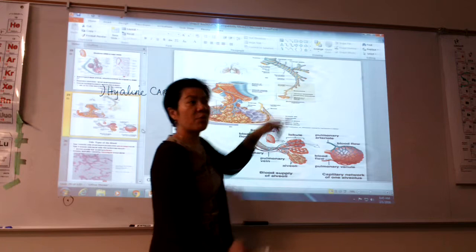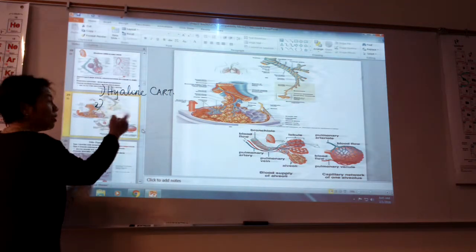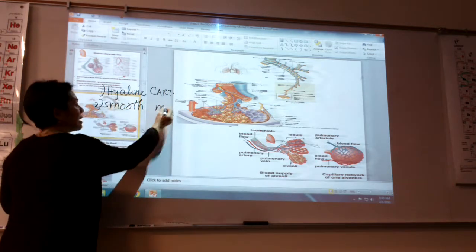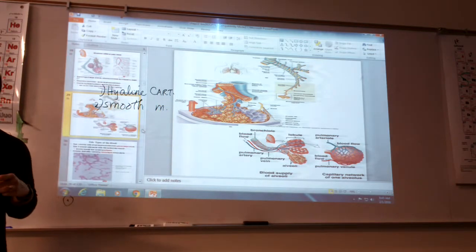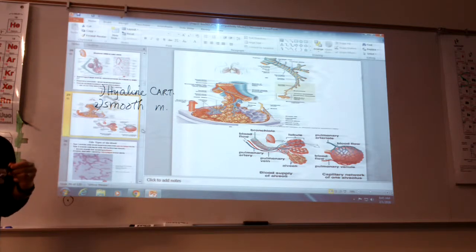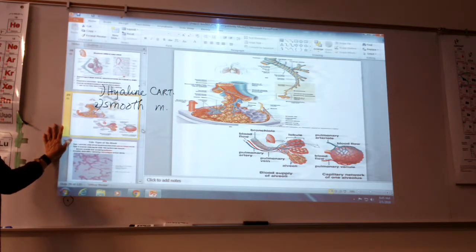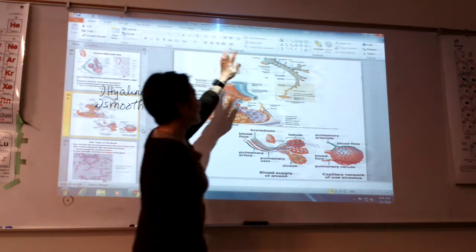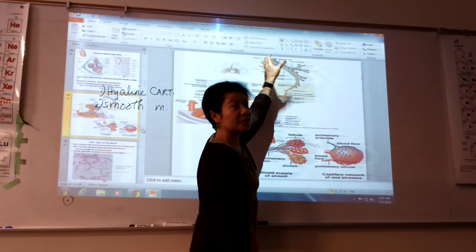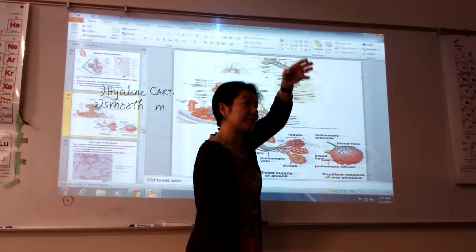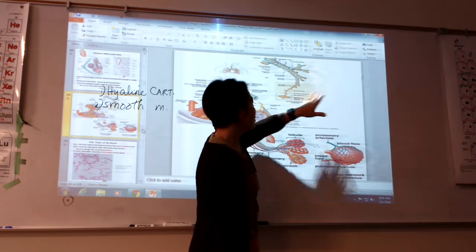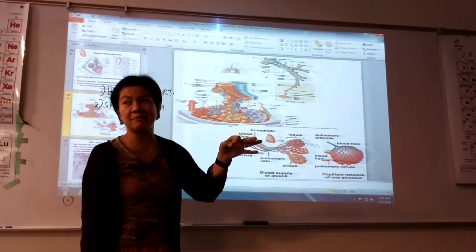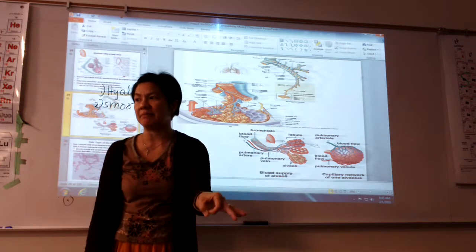What's left in the wall of the terminal bronchioles is just smooth muscle. That number 2 is the smooth muscle. All the way up there's smooth muscle too, but at least there's hyaline cartilage that keeps it open all the time. When you get to the terminal bronchioles, there's no more hyaline cartilage to keep it open.